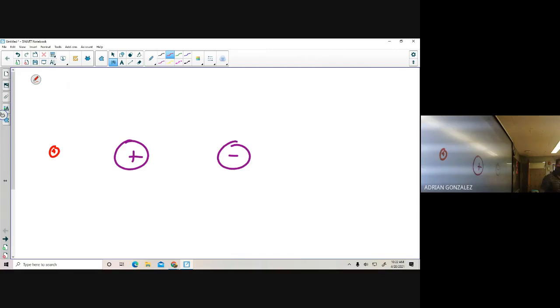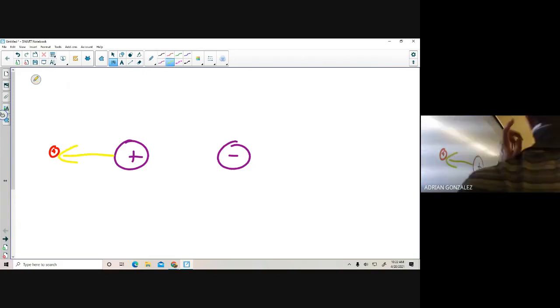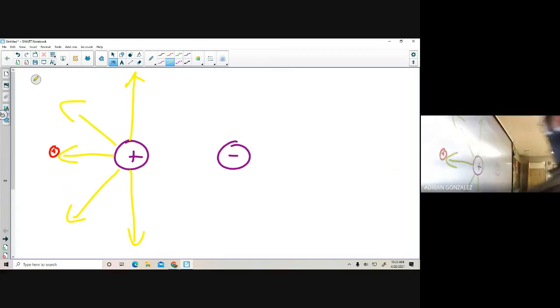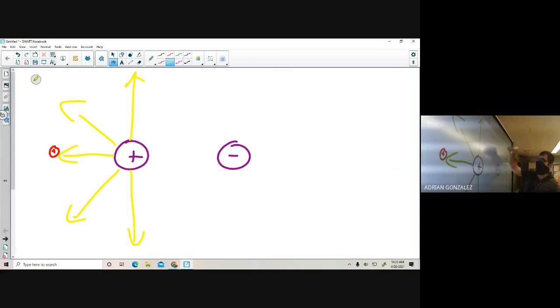Away, right? It's going to get pushed away. If I did it from the top, it would move up and away. From the bottom, down and away. And likewise, anywhere, it gets pushed away. Everybody follow that? Now, let's say I took my little test particle and put it on the other side.